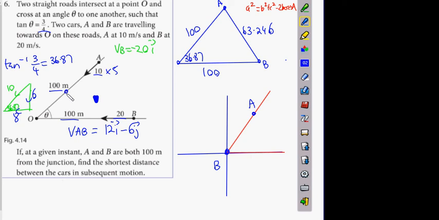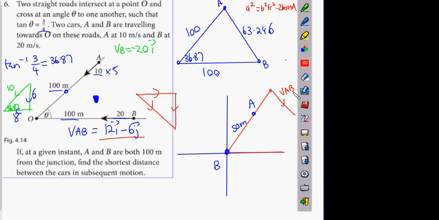The problem is that the relative velocity between the two of them is going 12 across, 6 down. So in effect, it's going in this direction down here. This is the velocity VAB, and we can see that it's clearly getting further away, isn't it?